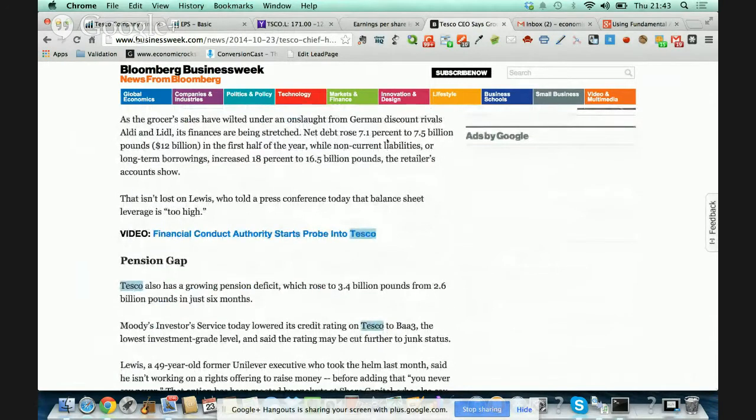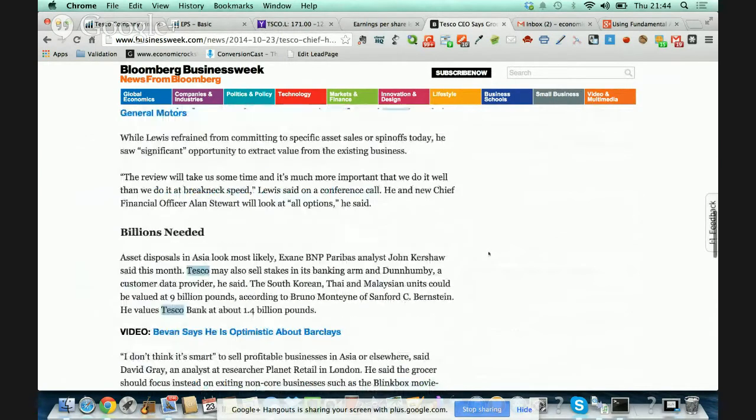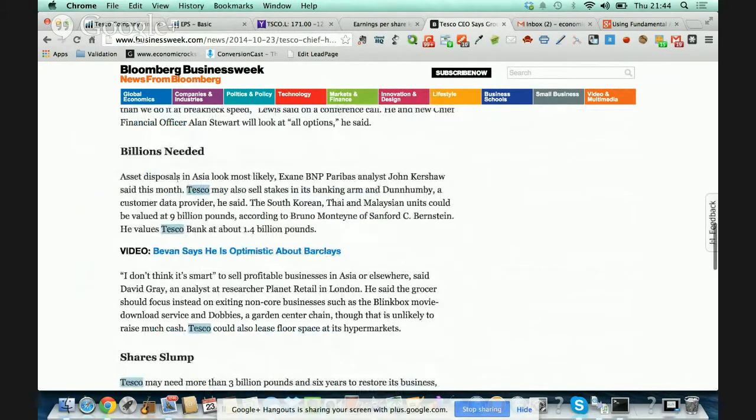So debt has risen. Non-current liabilities, or long-term borrowings, they've increased, something we just highlighted there. And they might look at asset disposal in Asia.